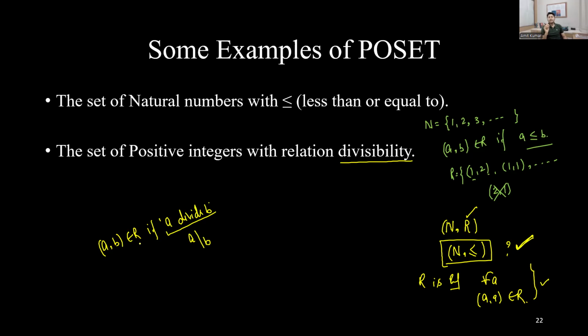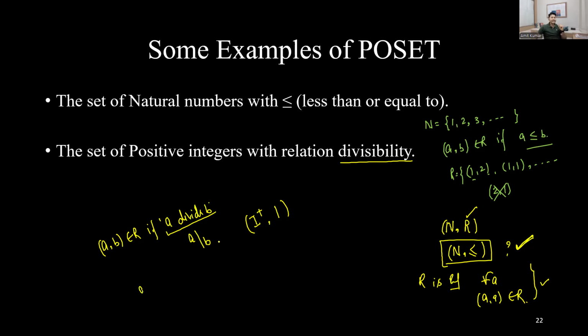Is this relation a partially ordered relation? We are supposed to check whether the set of positive integers with the operation divisibility is a poset or not. Okay, so let us check it. Divisibility is reflexive. Yes, it is reflexive. Why?